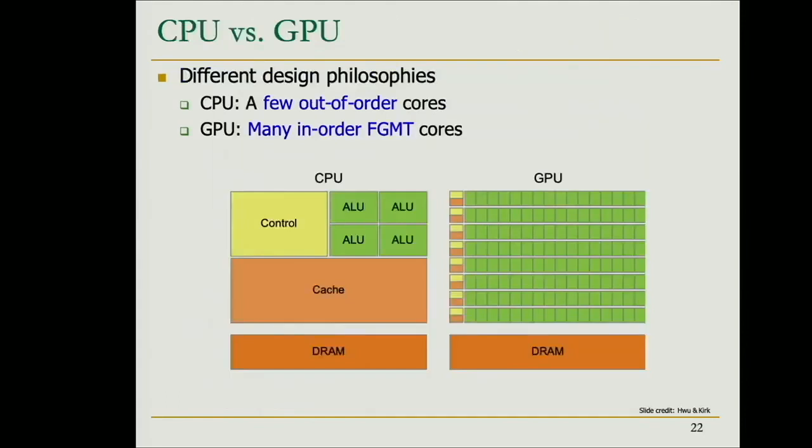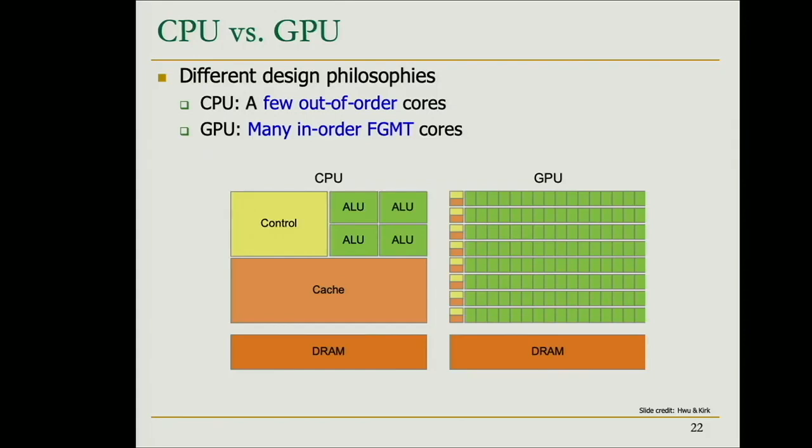This is something that for sure you know, but it's always good to remind what's the main difference between a CPU and a GPU. The main difference is how you are using the area that you have in your chip. In a CPU, we typically have a few out of order cores, very powerful cores, but only a few of them.